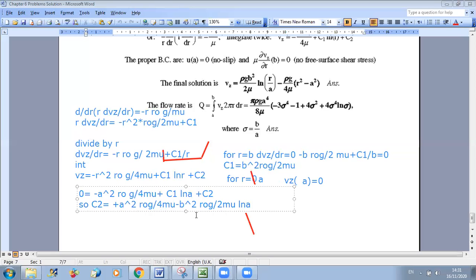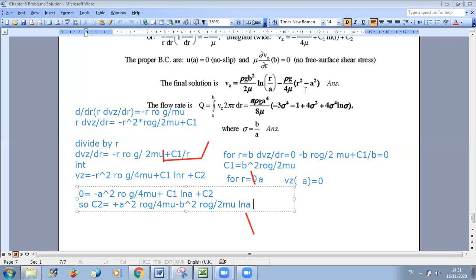So now all we have to do is to plug into our equation. If you plug into your equation, you can simplify terms by taking some terms into factor. For example, if you take rho g b squared over 2 mu, you have it times ln r minus ln a, and ln r minus ln a is ln r over a.